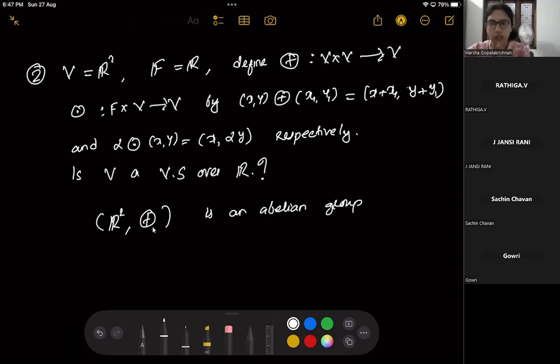So under usual addition, obviously R2 is a group, right? An abelian group, commutative also. So R2 plus is an abelian group. Is this statement clear for everyone? We have studied group theory also. Okay, this is fine, right?